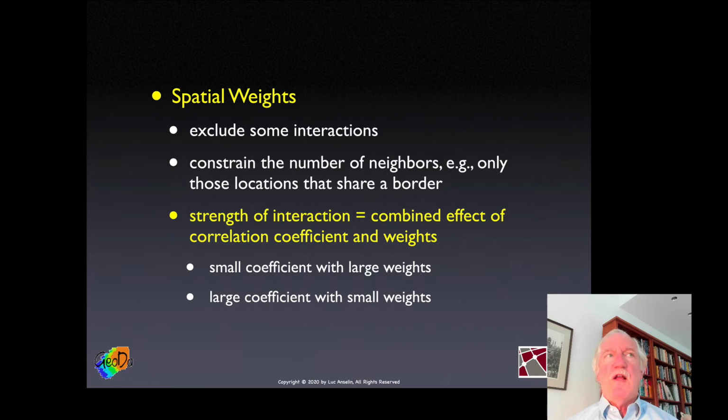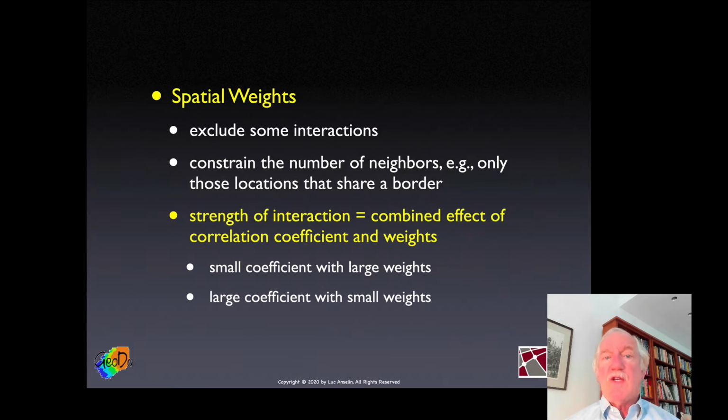In an exploratory analysis, you want to find evidence that the null hypothesis doesn't hold. And the null hypothesis is spatial randomness. And so you want this evidence to be as strong as it can be by looking only at the interaction with a few neighbors.